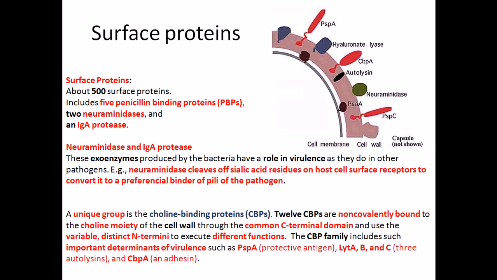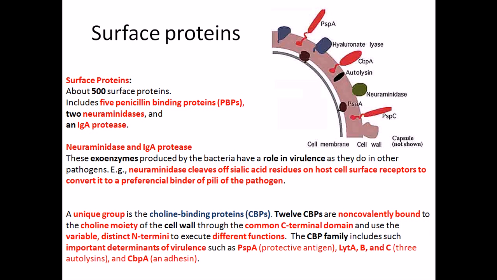They also have 2 neuraminidases which can break down neuraminic acid, and also IgA proteases, which can break down the immunoglobulin A molecule. So you can see they are proteases, they are lipases, they always try to degrade the protein structure and disrupt the structure.